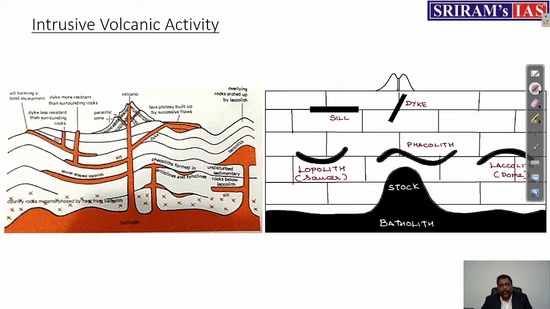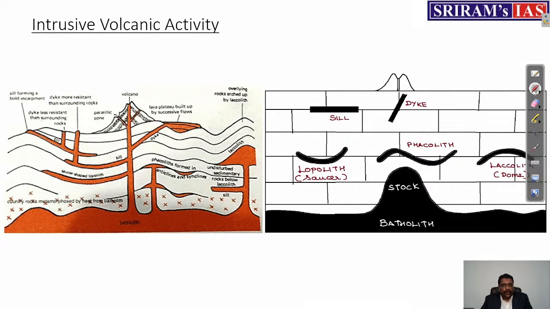If the land above it goes for an erosion, it can get exposed on the surface of the earth, possibility number one. Or there is also a possibility that the further push of magma can make this feature rise towards the surface of the earth. Whatever it is the case, if these intrusive features get exposed on the surface of the earth, then you call them as what? Intrusive landforms.